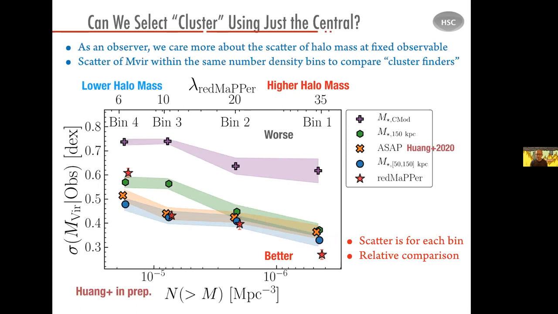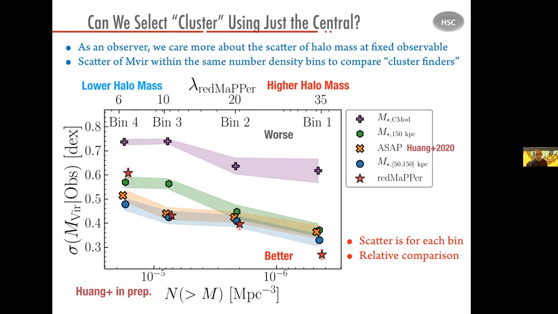What we find is that you don't want to use stellar mass based on the default photometry from your survey, like CModel. You want to use, say, the large-aperture stellar mass, or even the stellar mass just in the outskirt of the stellar halo. You can also build models that take the stellar distribution in the outskirt into account.